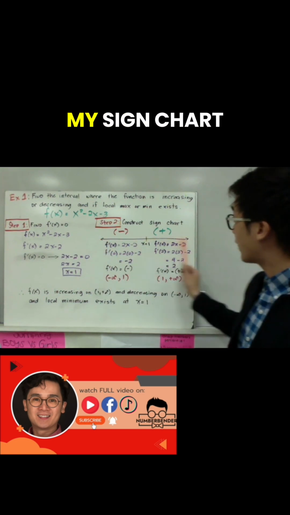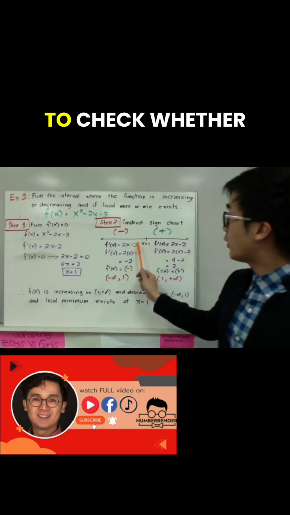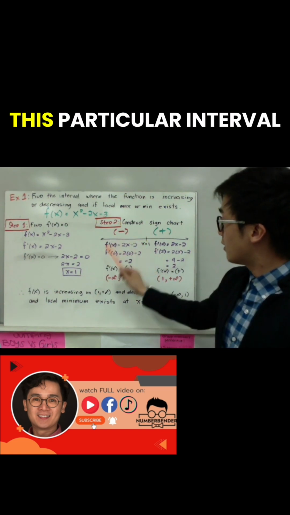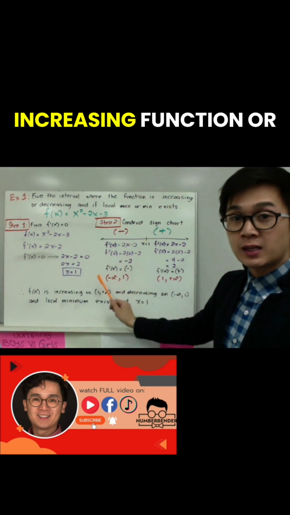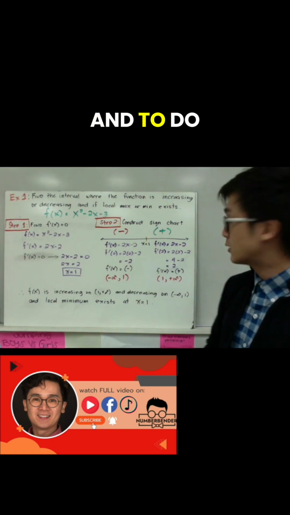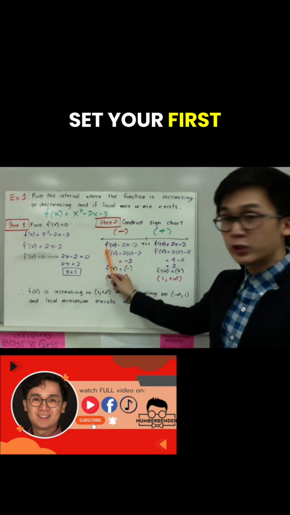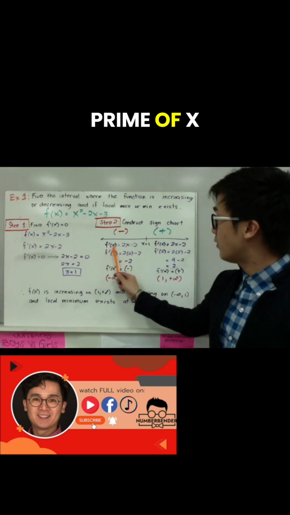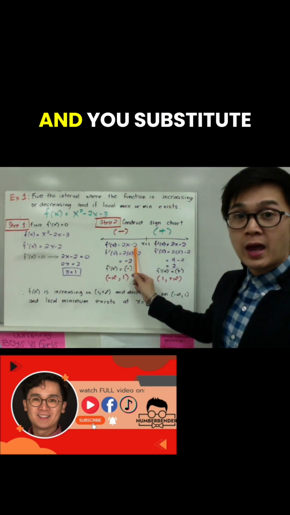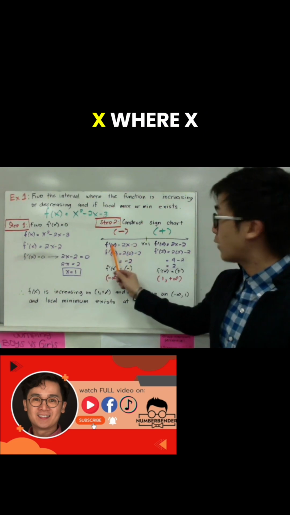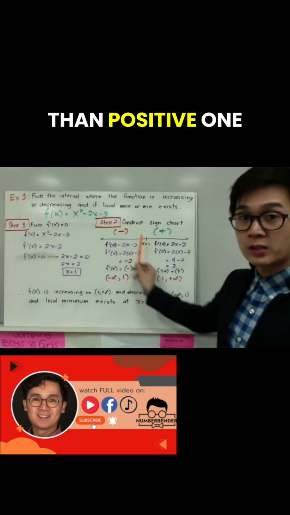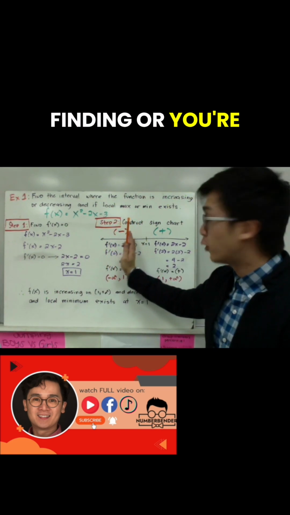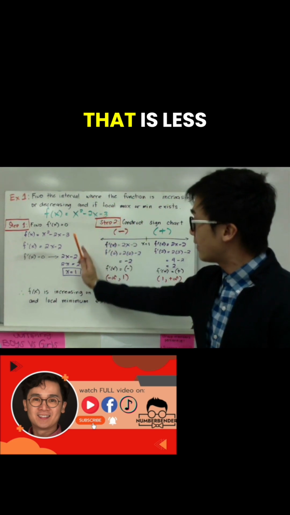This is my sign chart, and I'm going to check whether each interval gives an increasing or decreasing function. To do that, we take the first derivative, f prime of x equals 2x minus 2, and substitute a number for x that is less than 1.